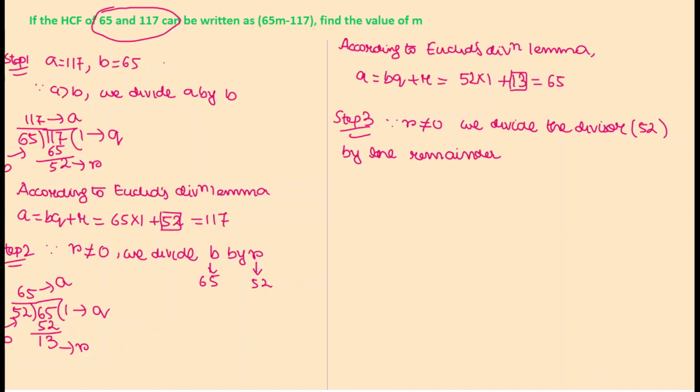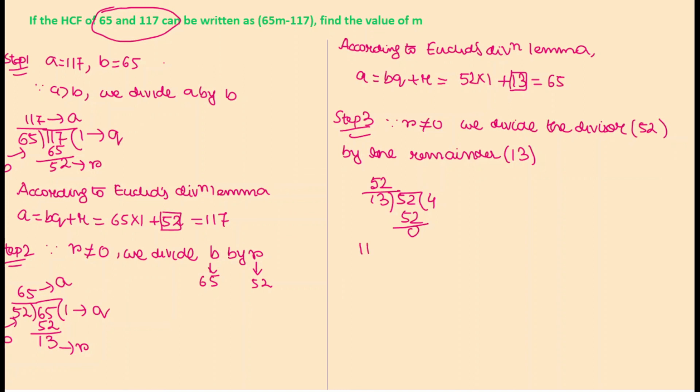Remainder comes out to be 13. So 52 divided by 13. 13 fours are 52. Remainder comes out to be 0 over here. Okay, so we can stop the process then and there itself.